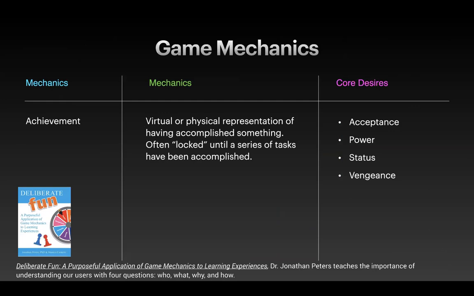If you are interested in achievement, which means a virtual or physical representation of having accomplished something, often locked until a series of tasks have been accomplished, this is called the achievement game mechanic. If your target audience is attracted to this mechanic, their core desires are a strong desire for acceptance, wanting to be accepted by people.